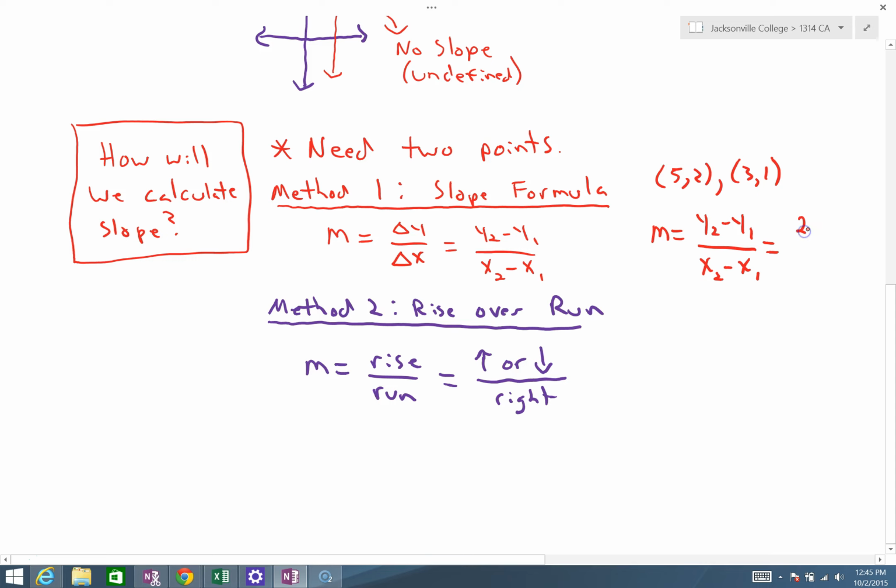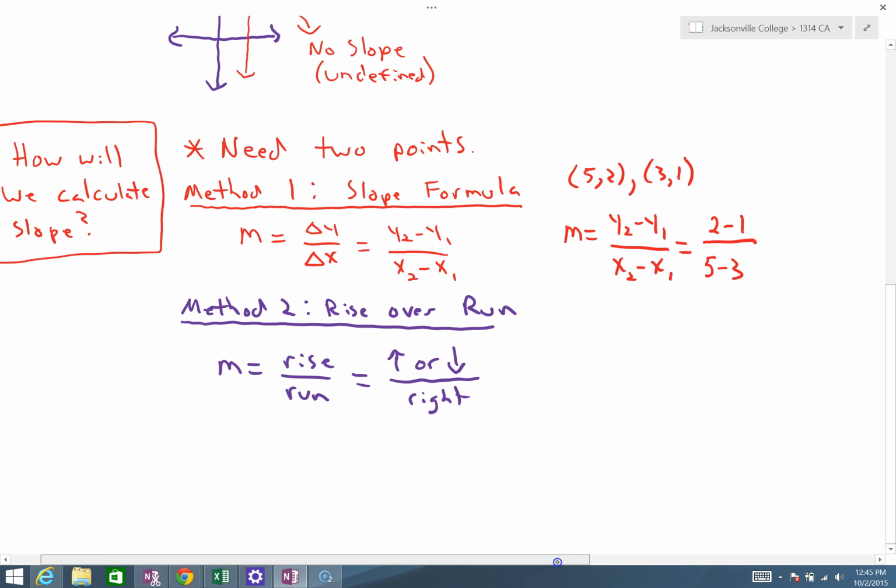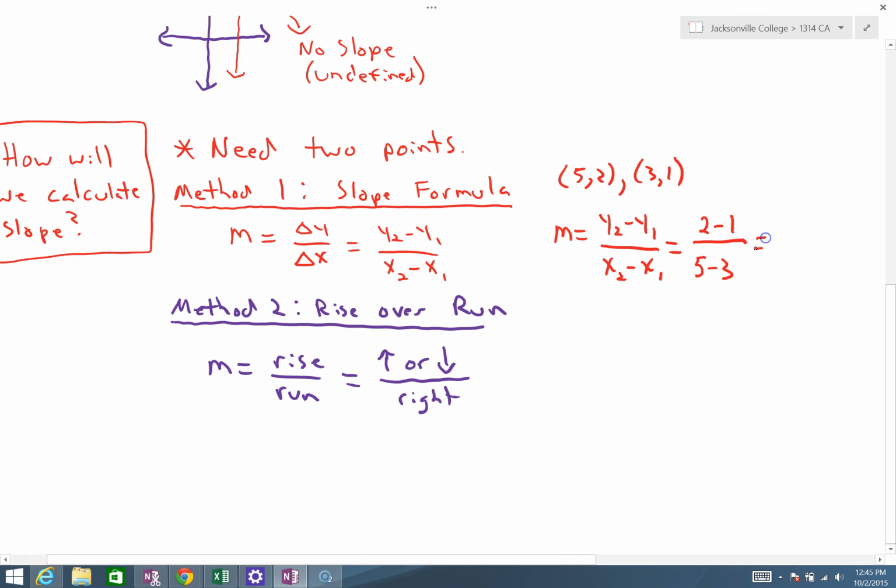In the numerator, I have 2 minus 1. The denominator shows x2 minus x1. Since I went 2 minus 1, I'll need to go 5 minus 3. 2 minus 1 is 1. And 5 minus 3, that is 2. So my slope is 1/2.